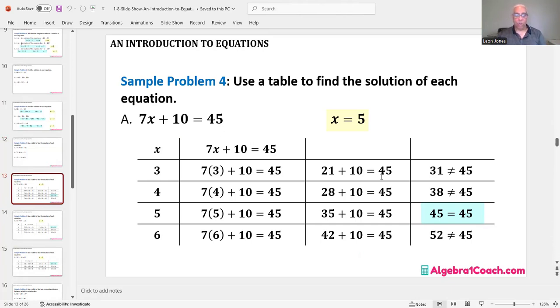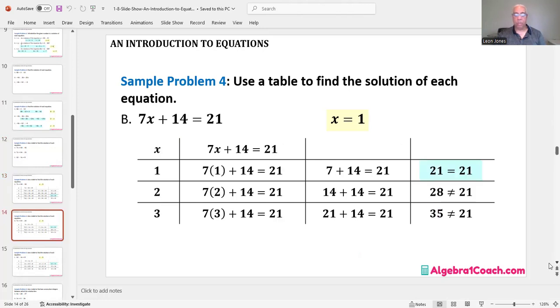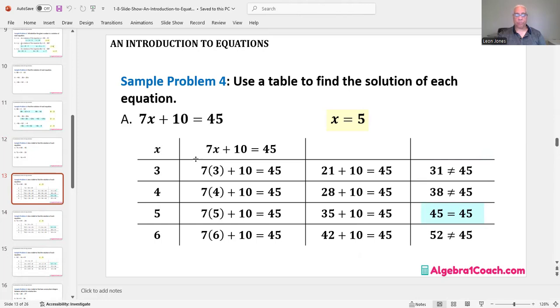They did it a different way. They used the table. I said I wasn't going to use the table. I didn't need to use the table. But the table just shows you how they got everything. They're using it for true and false. And you can see that whatever you plug in, you're not going to get the right answer, except for this one.